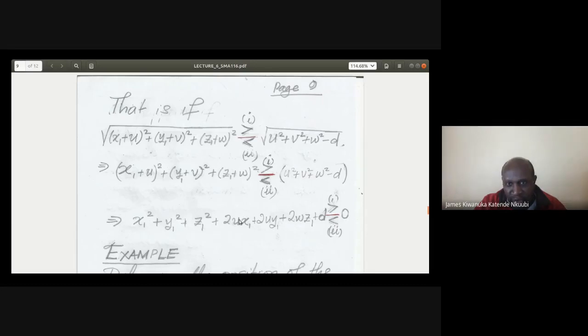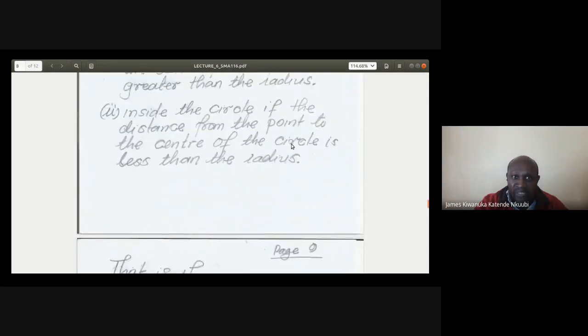This expression should be greater than 0 if the point is outside the sphere, and less than 0 if the point is inside the sphere. So if you have a point and you want to check whether it's inside or outside the sphere, all you have to do is plug it into this equation, the equation of the sphere, which is up here.